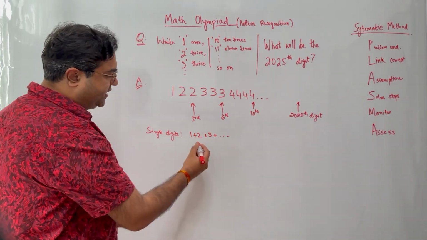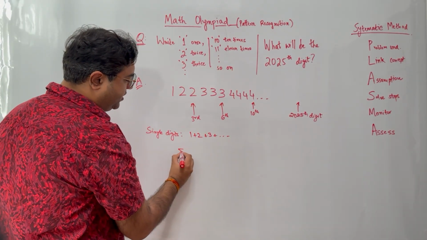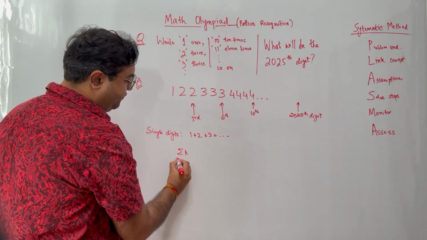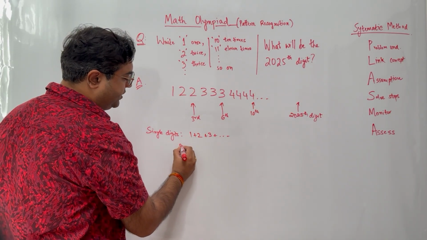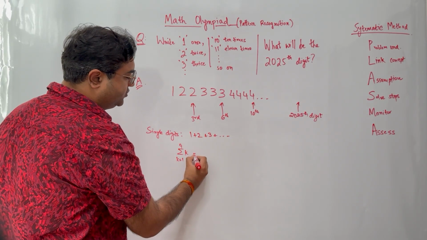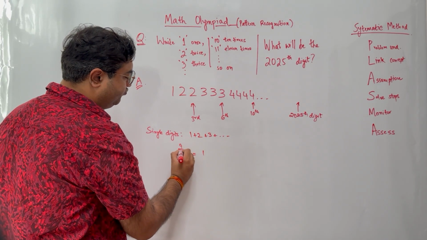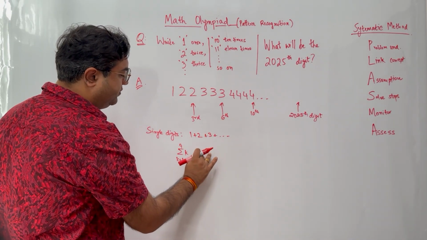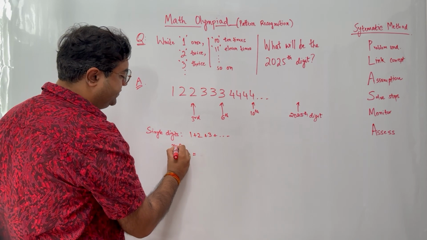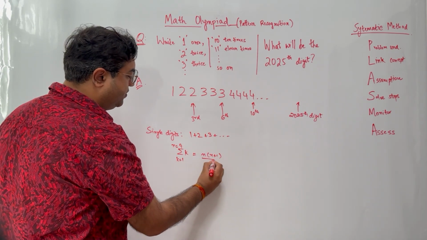We know that an arithmetic series has a formula, sigma k, when k goes from 1 to, let's say here, n is equal to 9. So we say n into n plus 1 by 2.